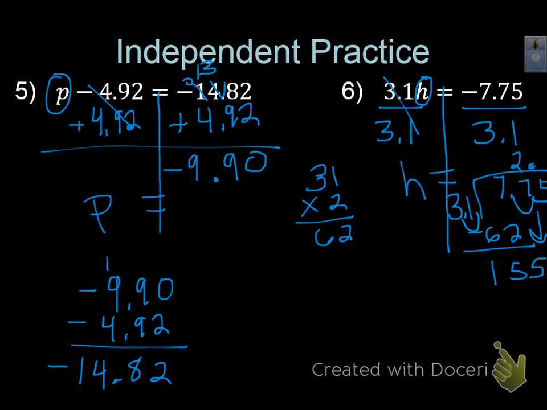If I think about my facts with my 3's, I believe that 3 times 5 would give me that 15, so I'm going to try 31 times 5, which does in fact work out evenly. So h equals 2.5.